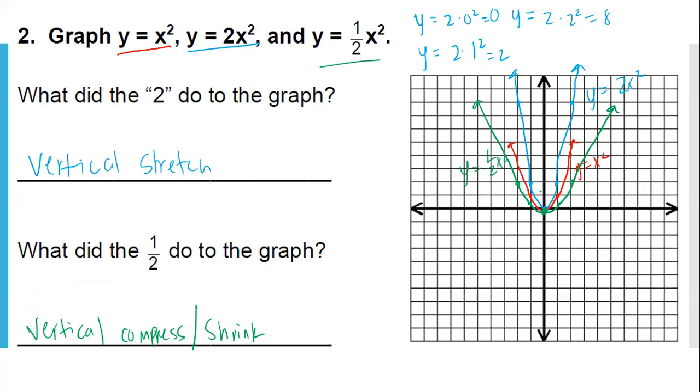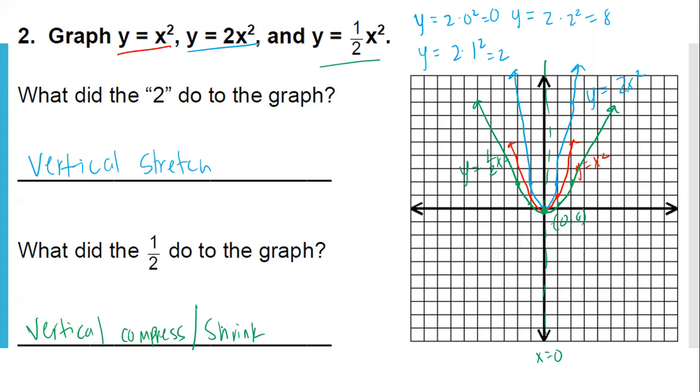Now notice these types of transformations: do they have any effect on my axis of symmetry or my vertex? No, my axis of symmetry and vertex were not affected. The axis of symmetry remained at x equals 0, and the vertex remained at 0, 0.